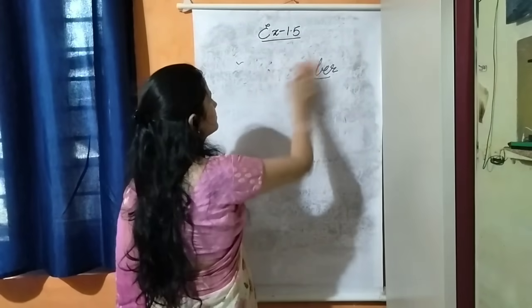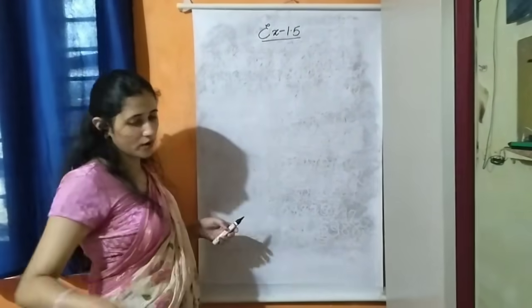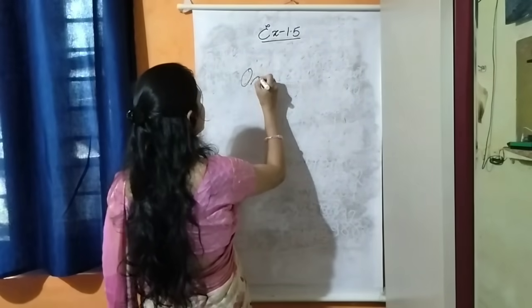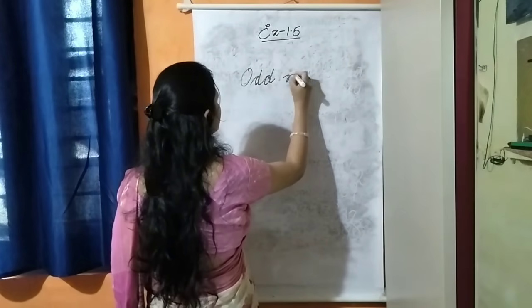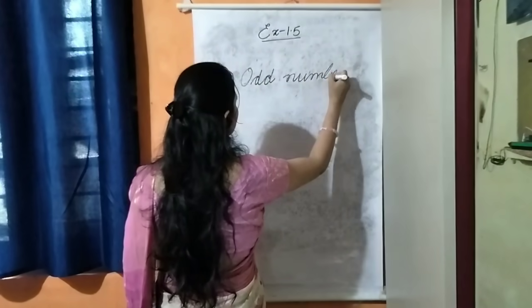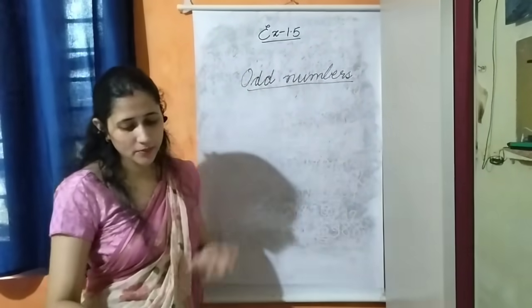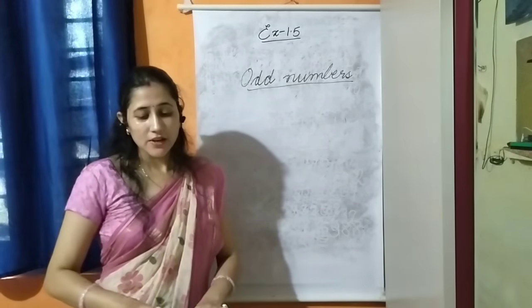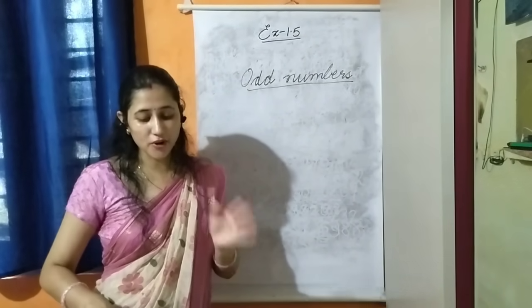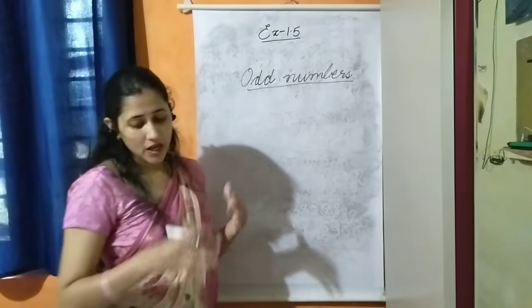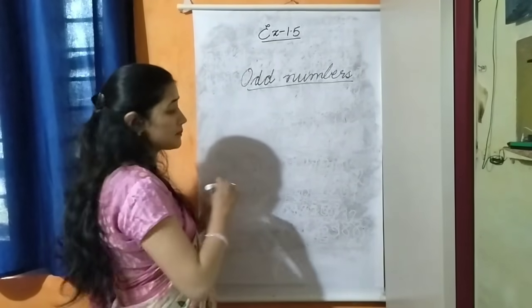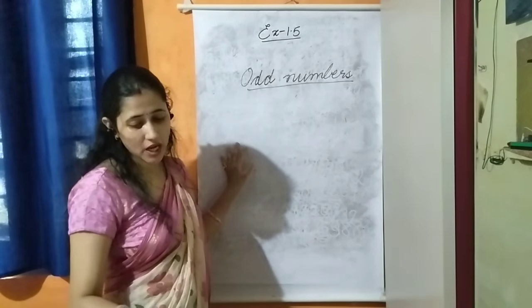Now, odd numbers. The definition of an odd number: the numbers which do not make a perfect pair are odd numbers.